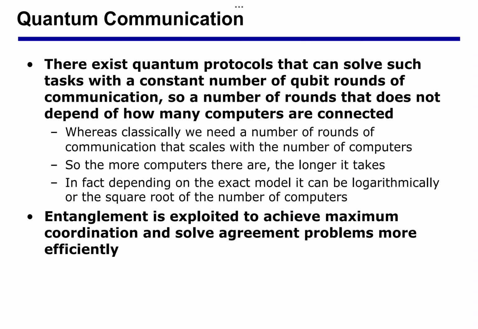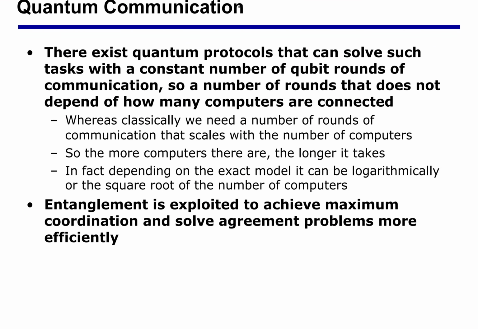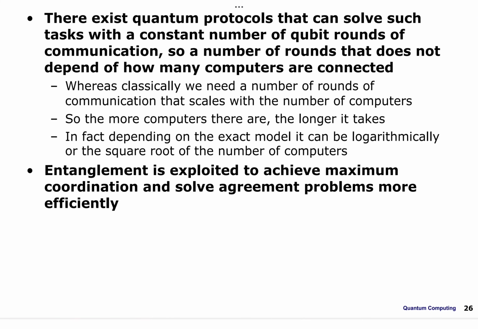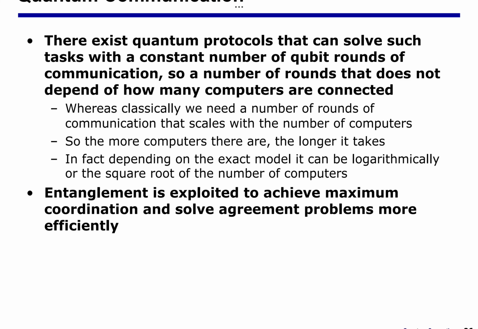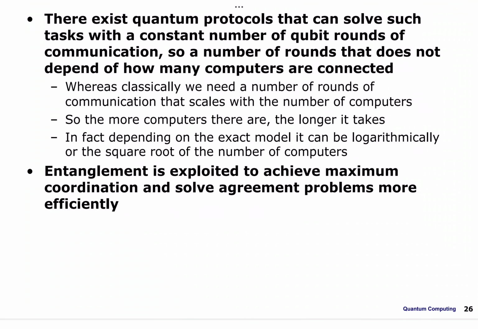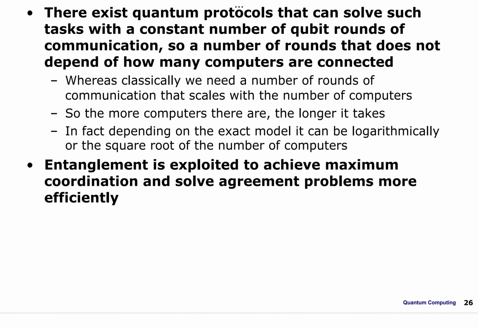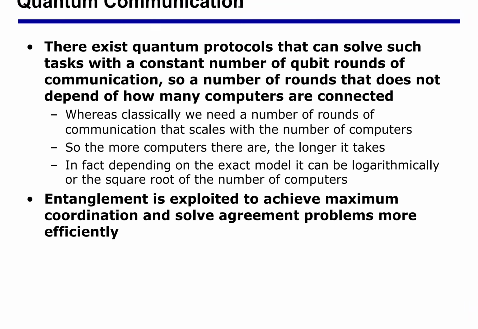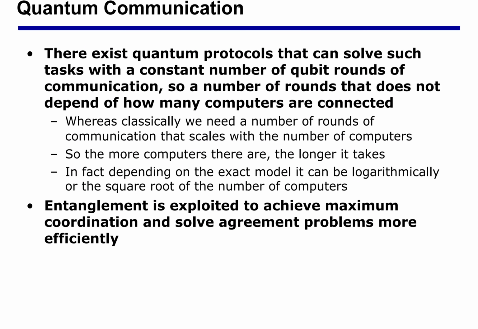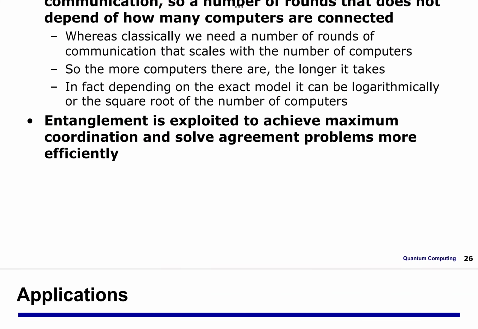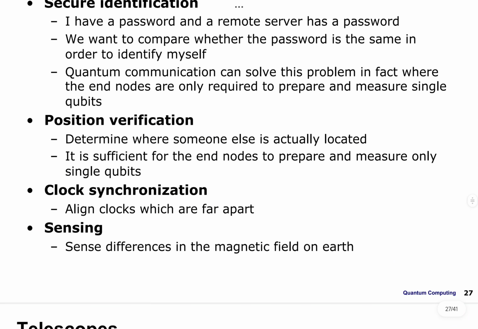Very fast, it doesn't depend on how many computers there are. Oh, I don't know well about the efficiency of the network now. But I think it's a fixed number, so we have a much higher limitation. I mean that it's very difficult to meet the high limitation of these mechanics. Entanglement is exploited to achieve maximum coordination and solve agreement problems more efficiently.